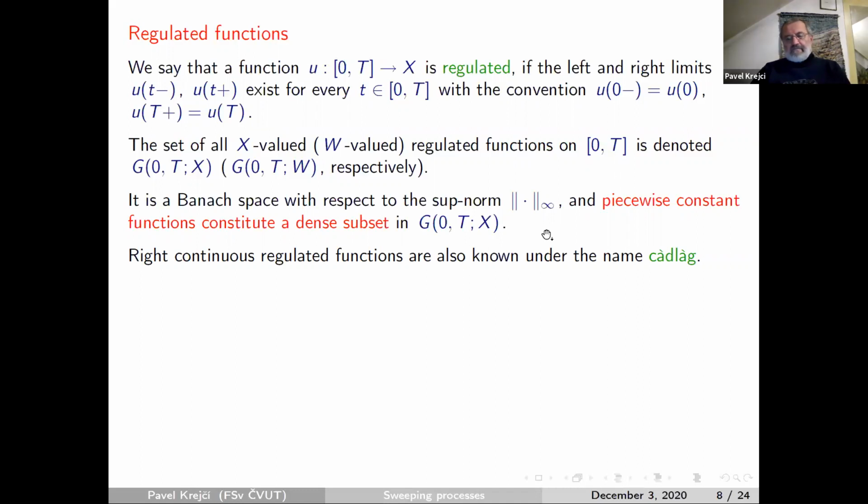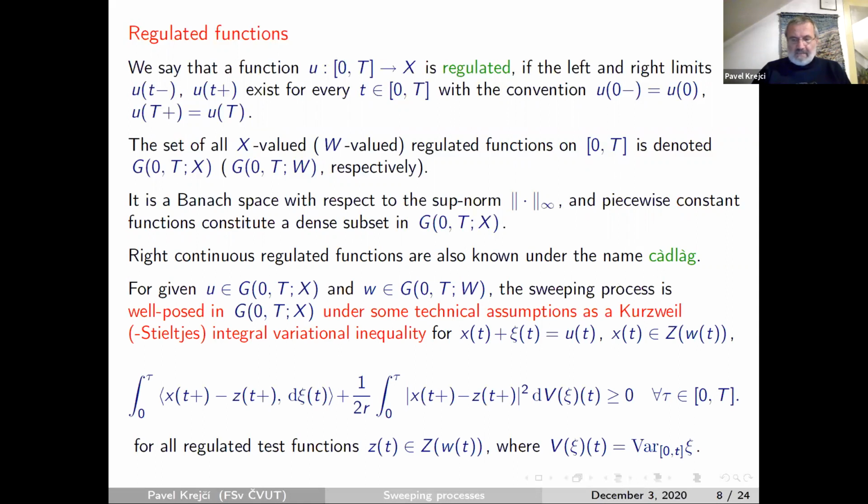People working in stochastics also use the name CADLAG for regulated functions that are right-continuous. This is an abbreviation for continue à droite, limite à gauche. So maybe you are more familiar with this, but it is exactly the same object.